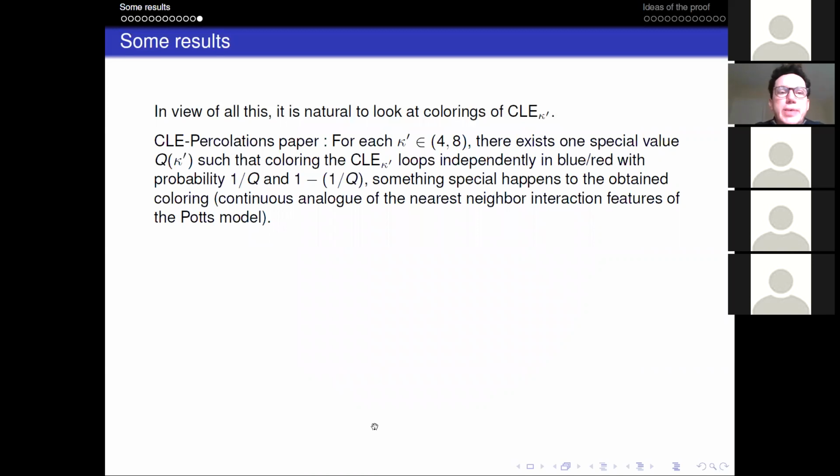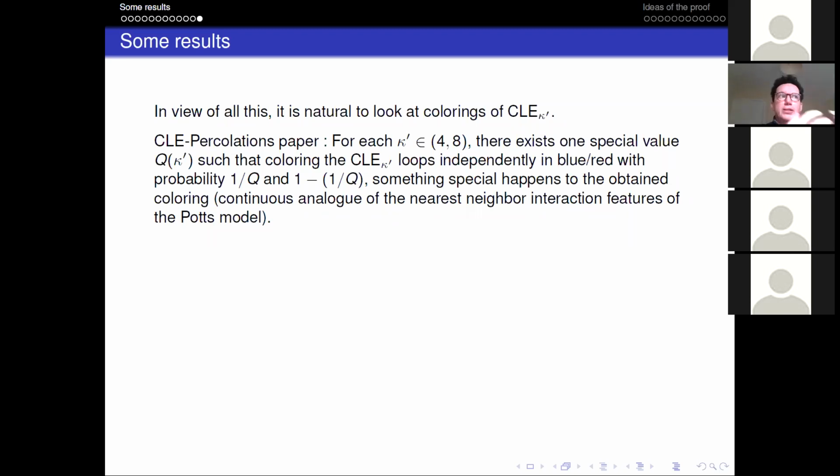And in a first paper a couple of years ago with Jason and Scott, we showed that for each of these CLE kappa prime models, there exists one special value capital Q, such that for this coloring of CLE kappa prime loops with probability 1 over Q and 1 minus 1 over Q, something very special happens, namely that it has a feature that can be interpreted as reflecting a nearest neighbor interaction model.